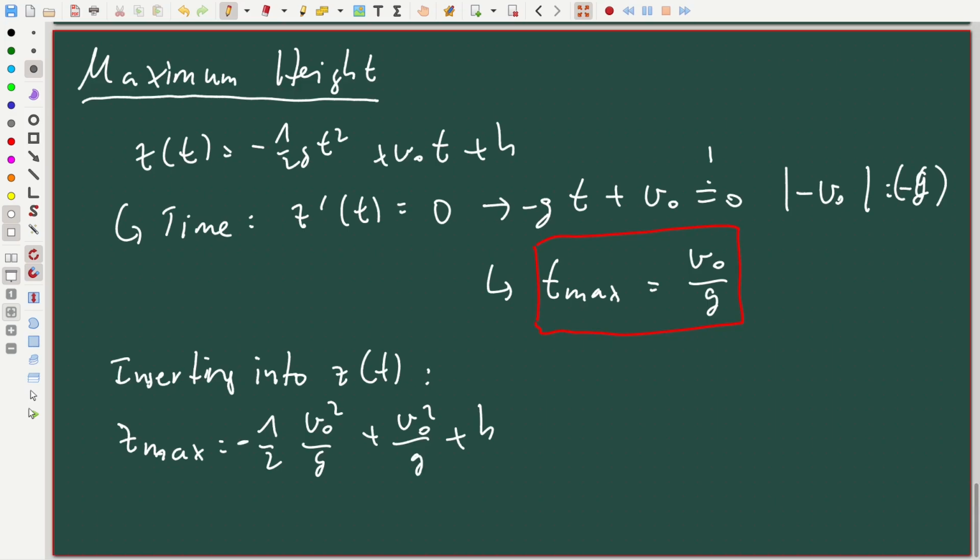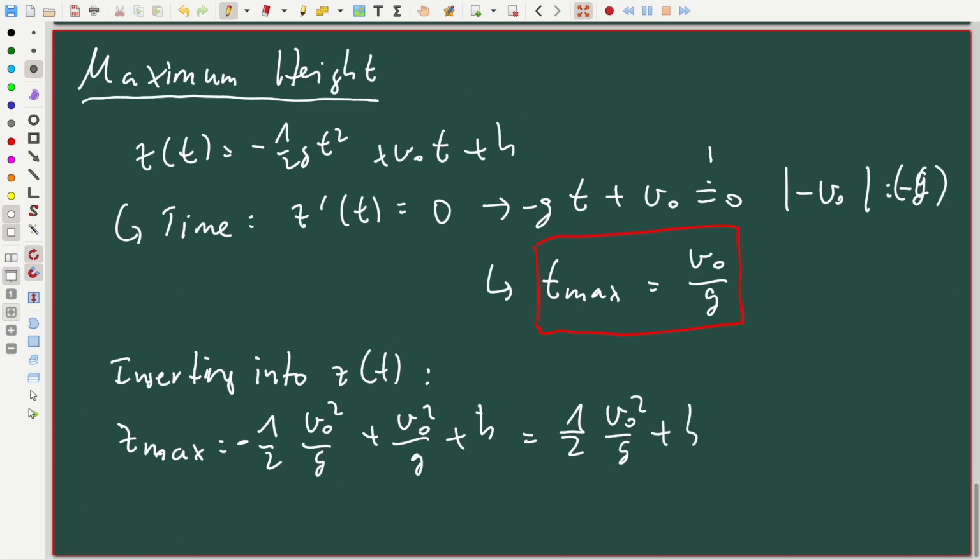So minus 1/2 v0 squared divided by g plus v0 squared divided by g is simply given as 1/2 v0 squared divided by g plus h.